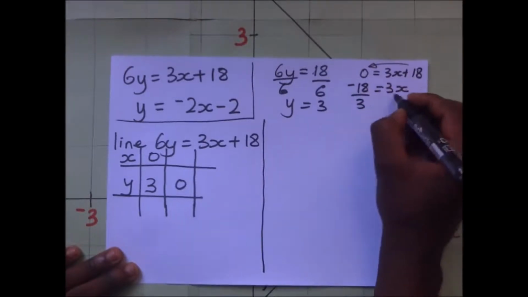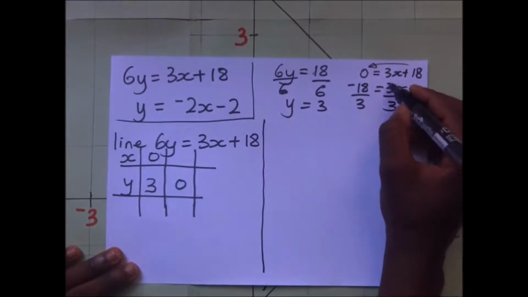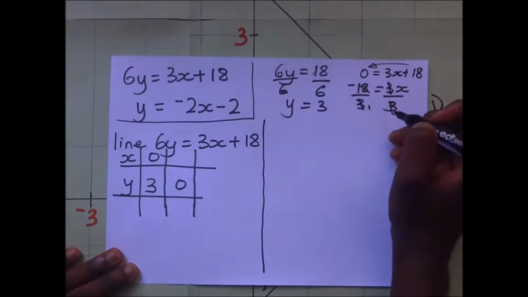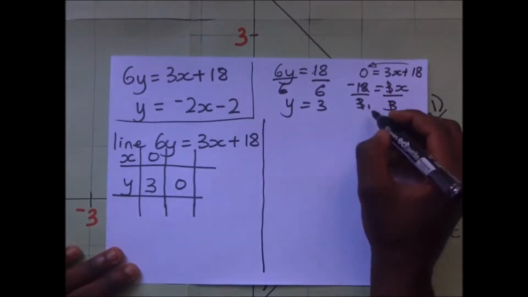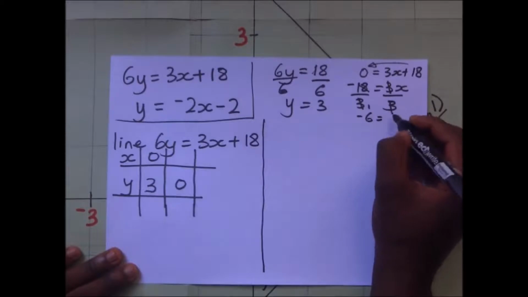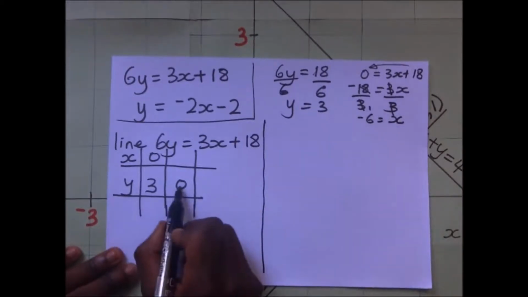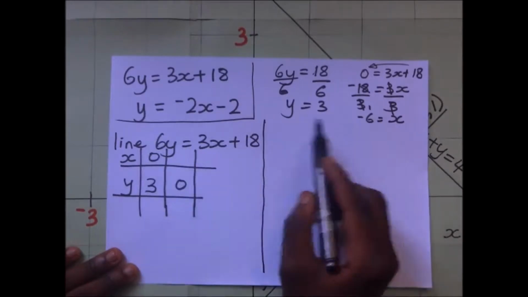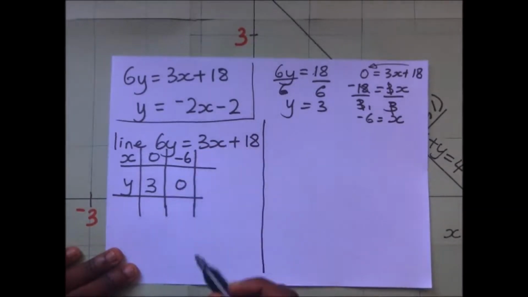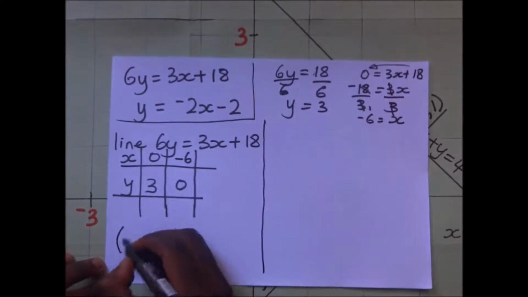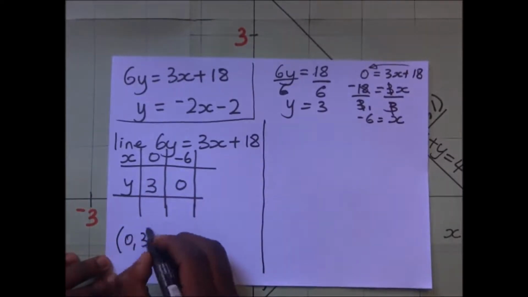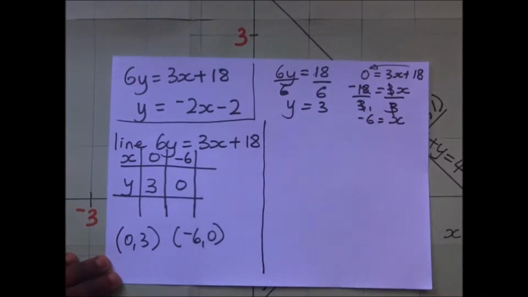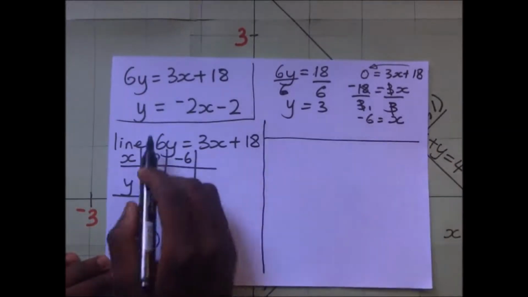When you divide both sides by 3, 18 divided by 3 is 6, so negative 6 is equal to x. So when y is 0, x in this equation is negative 6. Our coordinates here are (0, 3) and (-6, 0). So that is this line.